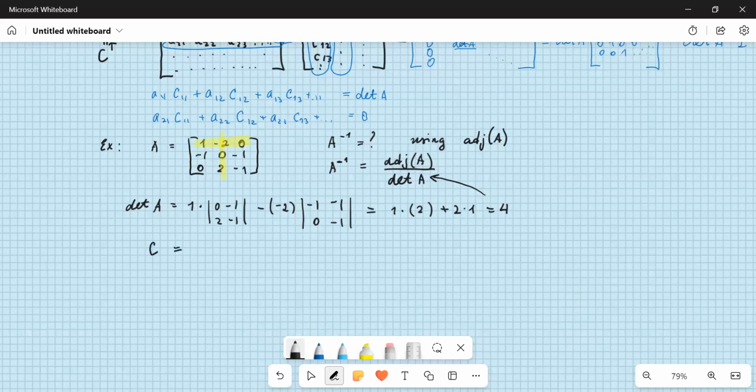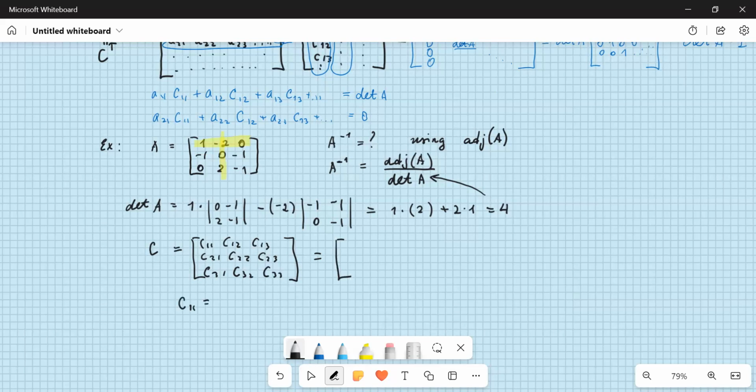The cofactors matrix is going to have elements C11, C12, C13, C21, C22, C23, C31, C32, C33, and I'm going to just calculate them. They are cofactors of elements of matrix A. I'm going to start with C11. C11 is the determinant of the leftover matrix when you cross out the first element, right?